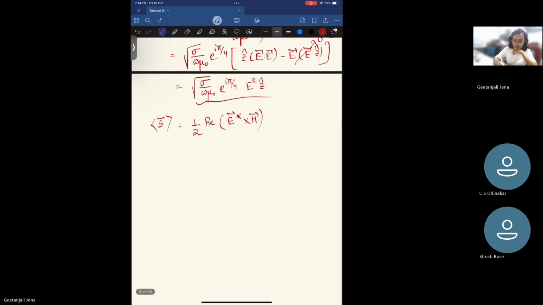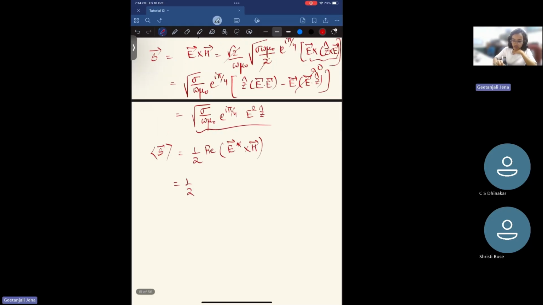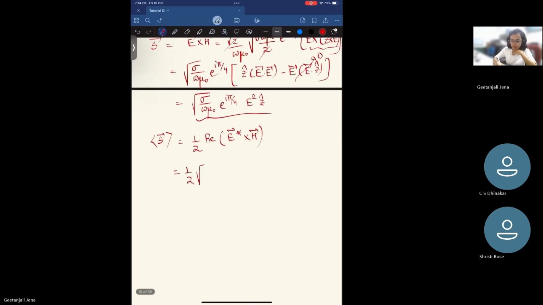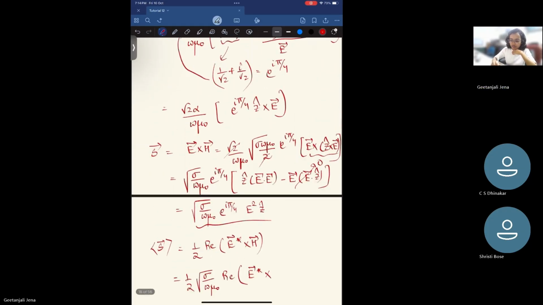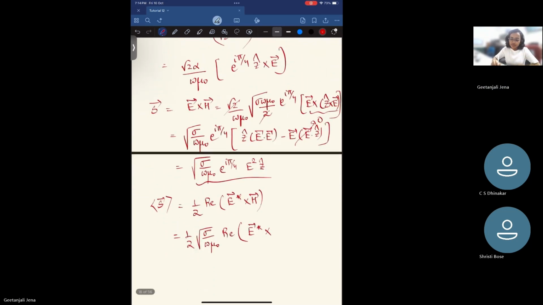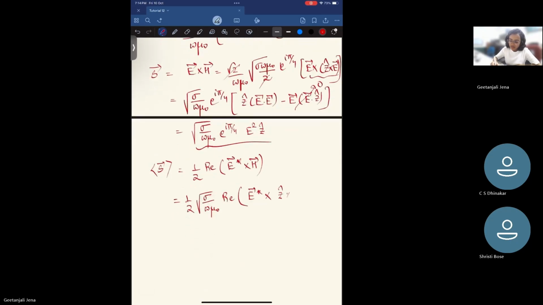Okay. So sigma omega mu naught, real part of E star cross H is... I think this is correct.